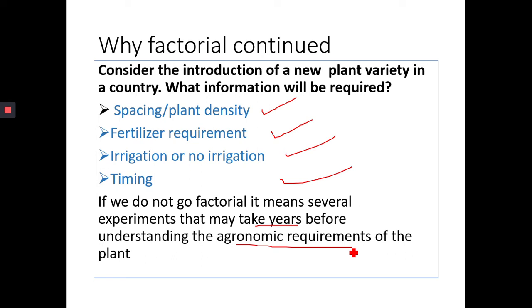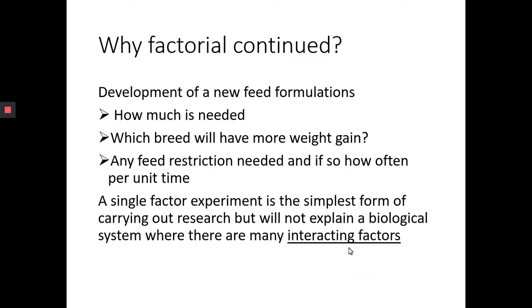I have given you another example here to try and make you understand why we go factorial. Suppose we are developing new feed formulations. How much is needed when it comes to feeding? Maybe we are feeding animals. How much do we need to feed the animals? Which breed will have more weight gain? In fact, is the feed formulation resulting in more weight gain compared to a particular other feed which might be present?